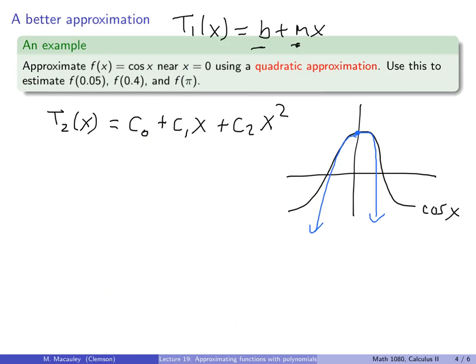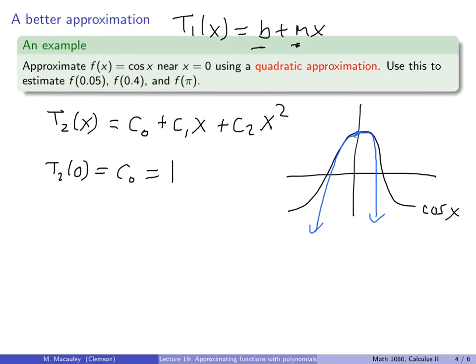So it's got to have the same y-intercept, and what that means is that t2 of 0, the y-intercept, has to be c0. Again, these things have to have the same y-intercept. And what is c0? c0 is 1.